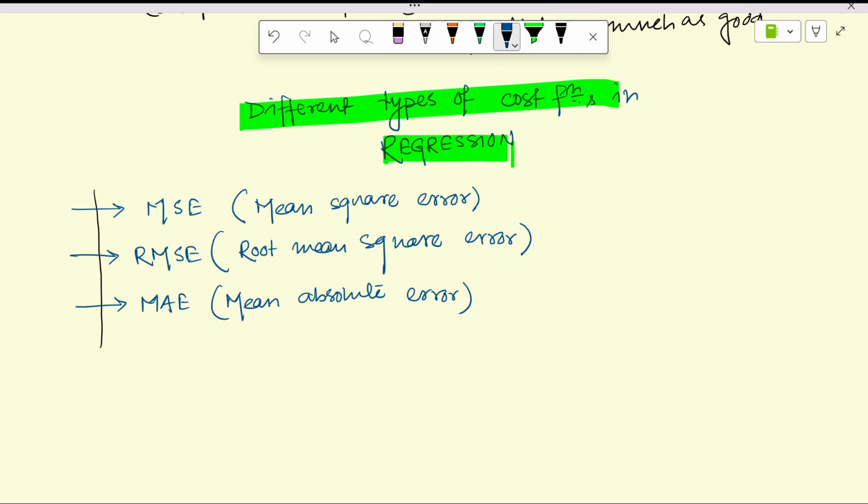A cost function is really a formula with a combination of errors. This is the definition of the cost function.